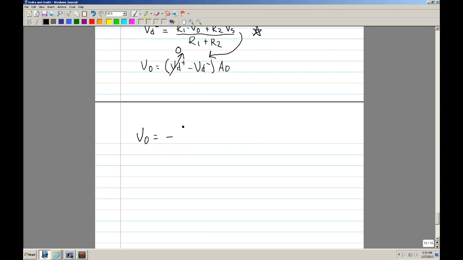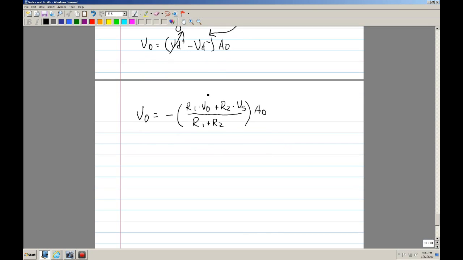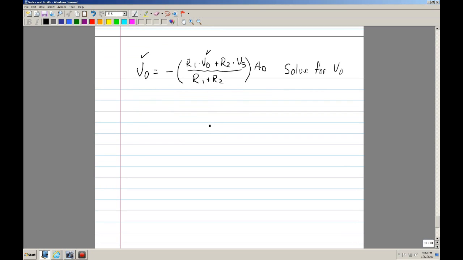So we get V out equals negative A sub O times (R2 VS plus R1 V out) divided by (R1 plus R2). Now we have V out on both sides, so we solve for V out. There's quite a bit of algebra, but I'll leave the exercise for you.